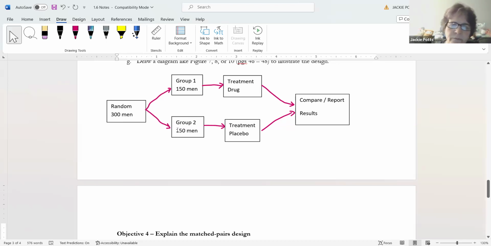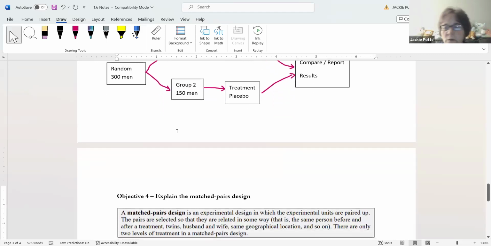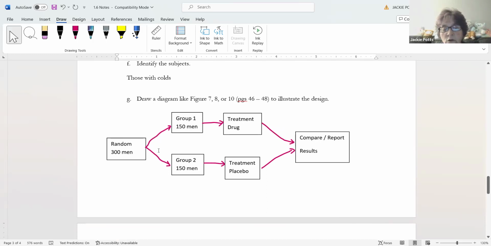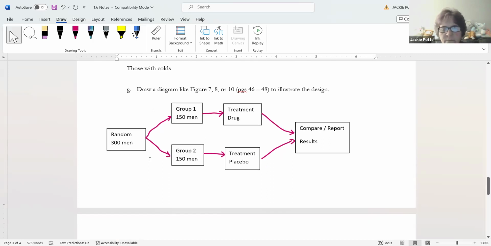Could be dog owners. I have group one, if you own a Labrador, age 2, then there's someone in this group that owns a Labrador similar to your dog, same age. Has to have a match.